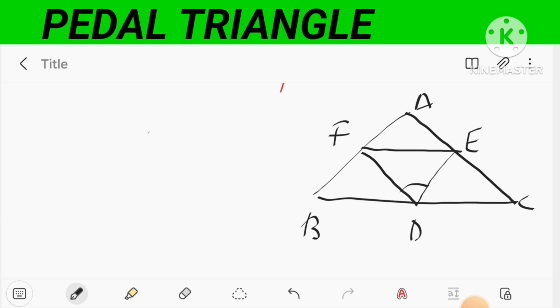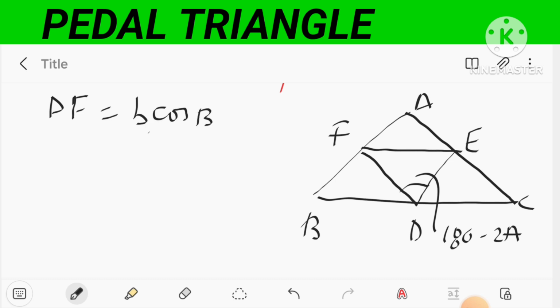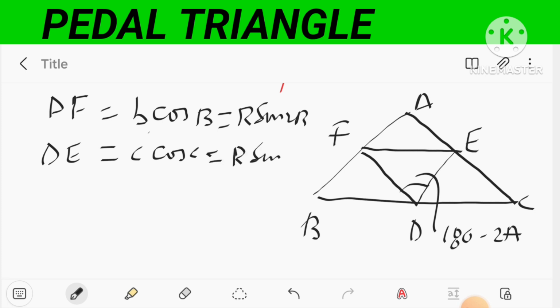So this angle is equal to 180 minus 2A, and DF is equal to b cos B, which is equal to R sin 2B, and DE is equal to c cos C or R sin 2C. So this side, this side and this angle are known.